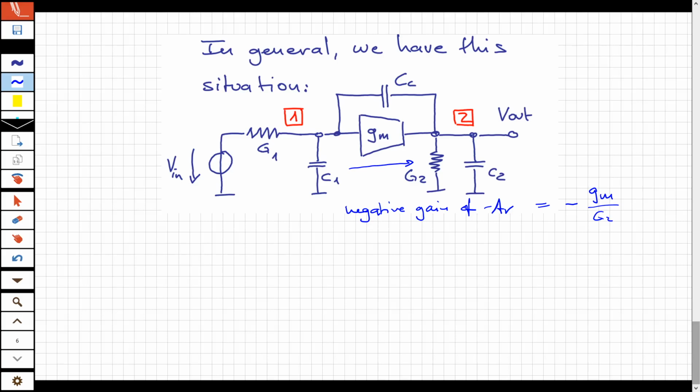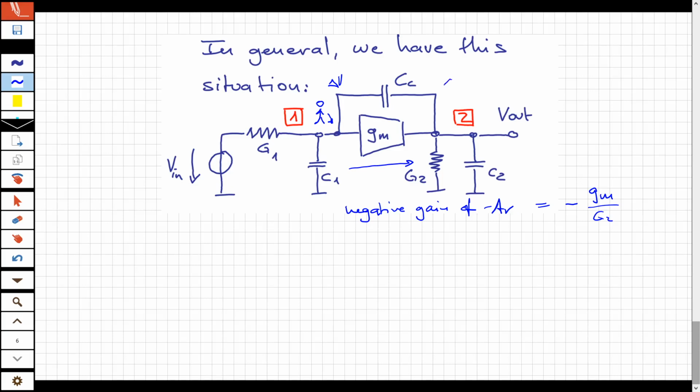But that means that if an observer is now sitting in this node, so imagine you stand here, and you are looking into this node here. And now somebody operates the circuit and you see here a delta V. So the voltage changes by something.